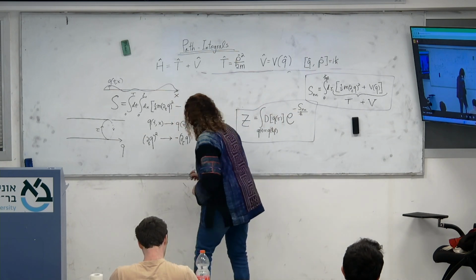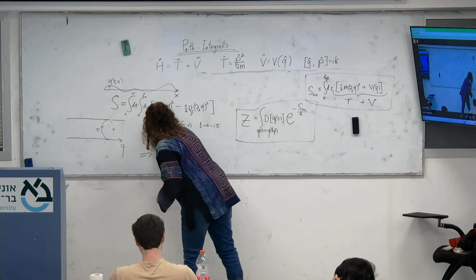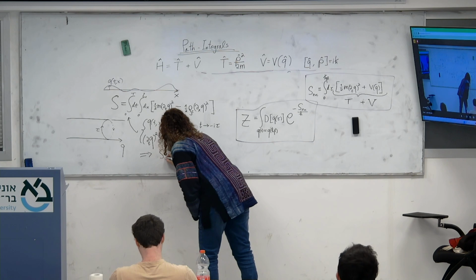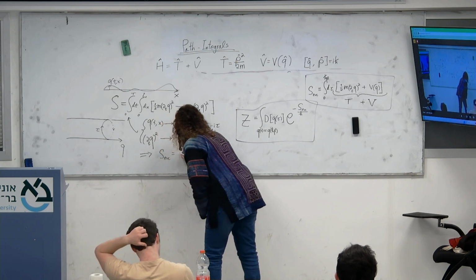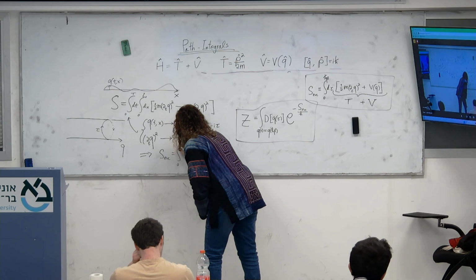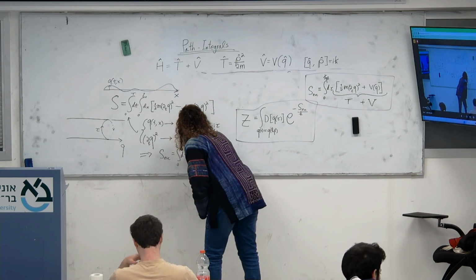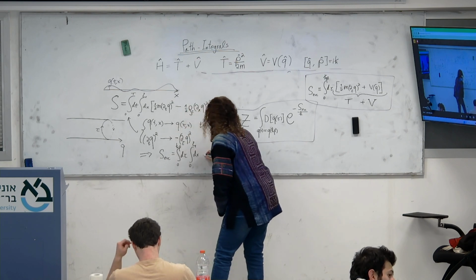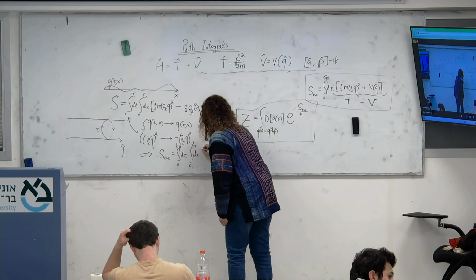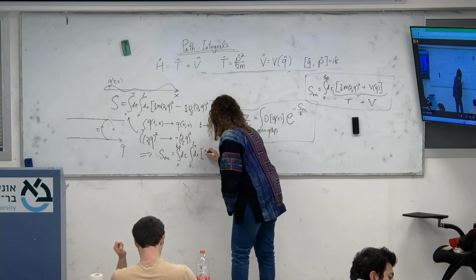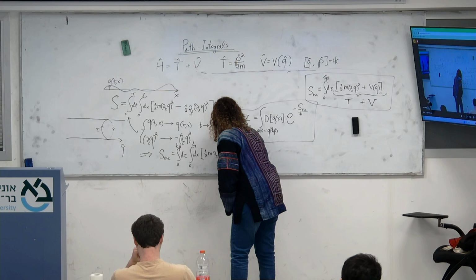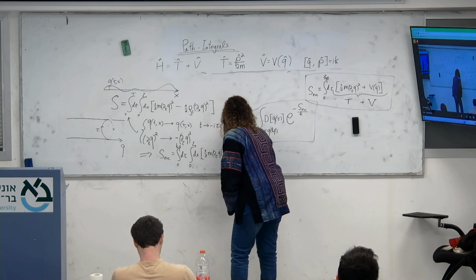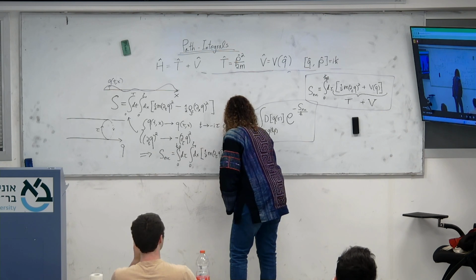So following this procedure, if I plug it into the definition of S, I get the Euclidean action of the string, which is the integral from 0 to h bar beta, d tau, integral dx from 0 to the length, of the Lagrangian, which is now 1/2 m d tau q squared plus 1/2 rho s dx q squared.